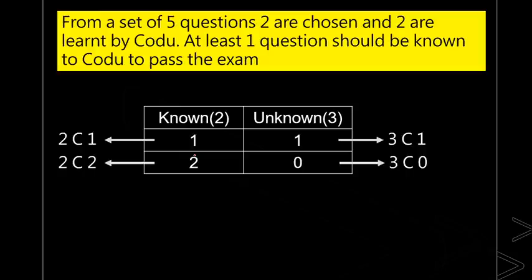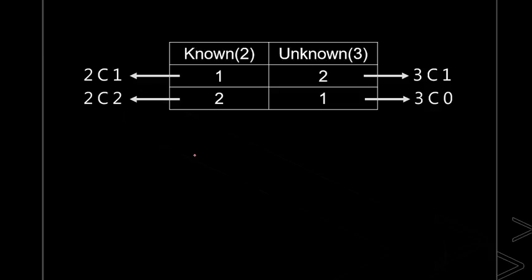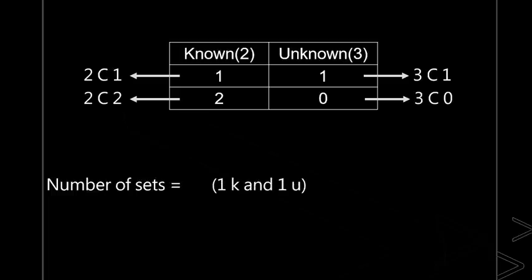Similar to that men and women problem, how can we read this statement? Your question bank contains 3 unknown questions and 2 known questions. From these 3 unknown questions, I can choose 1 or 0. From 2 known questions, I can choose 1 or 2. So how will you read this? Number of sets is equal to, you can read it as 1 known and 1 unknown.